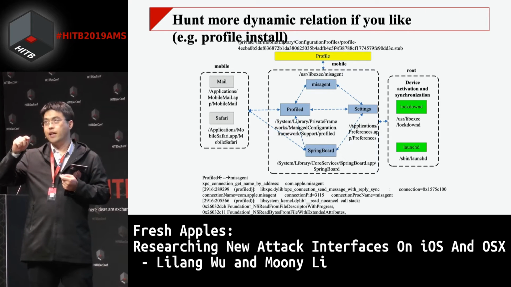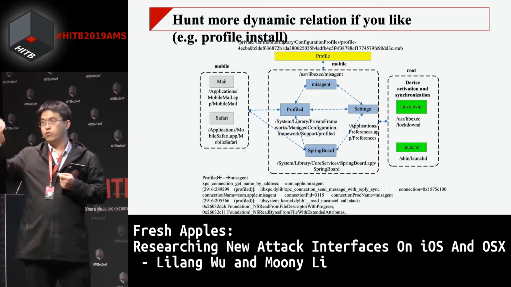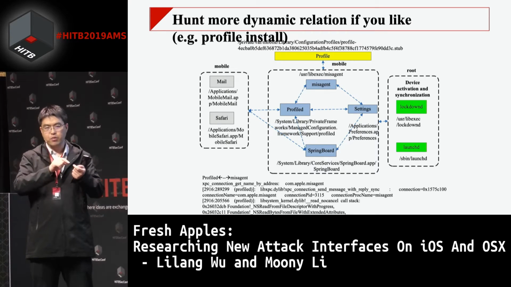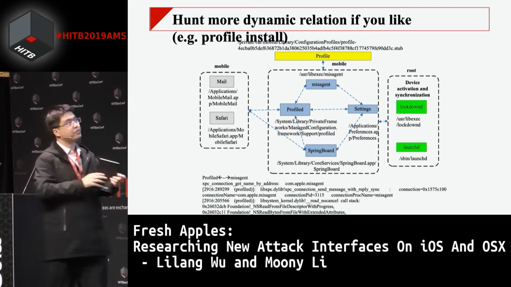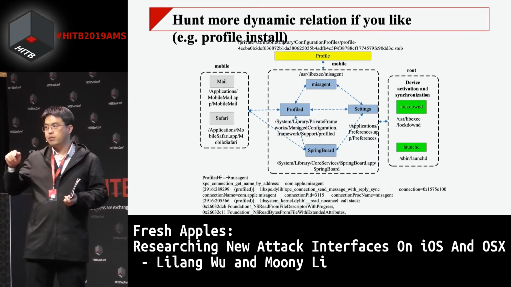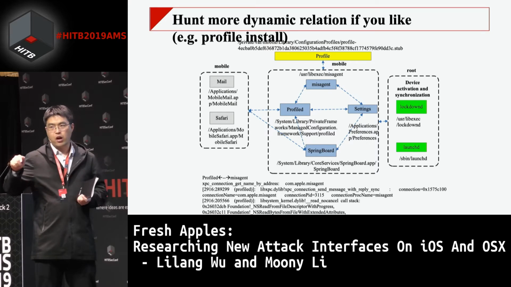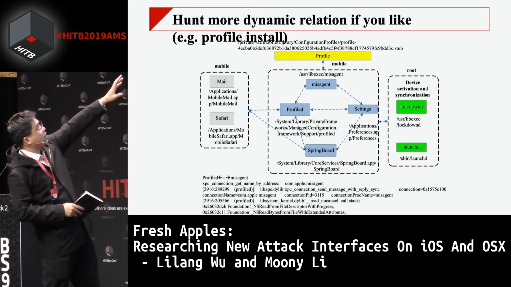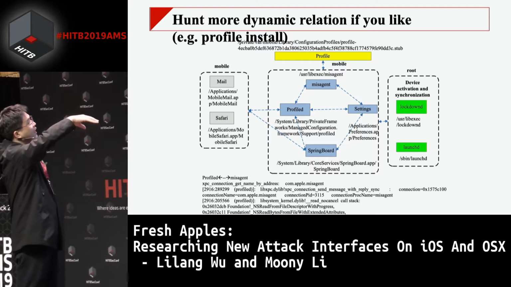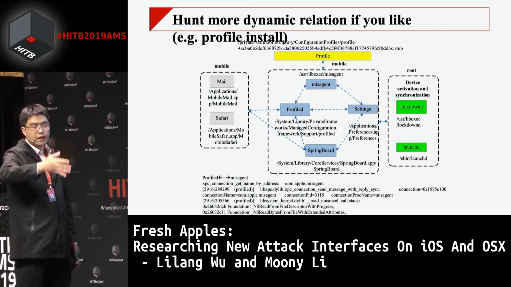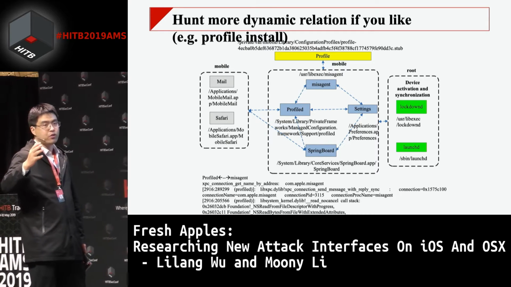You can install any kind of profile from the web server, and this profile can be used to control your iOS devices, for example, to set up an APN or VPN proxy for your iOS devices. And you can see that we have also classified all the processes which are related to the iOS profile installation process.